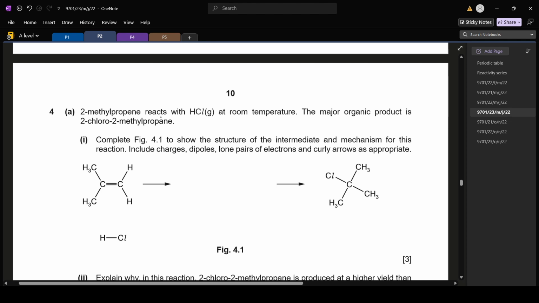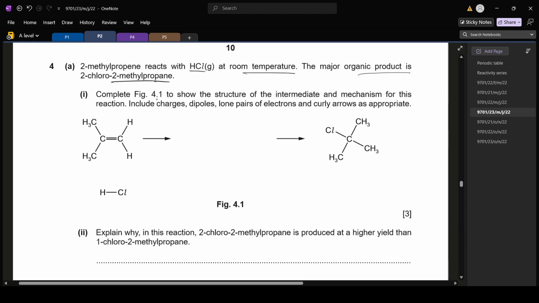2-methylpropene reacts with HCl at room temperature. The major product is 2-chloro-2-methylpropane. Complete table 4.1 to show the structure of the intermediate and the mechanism for this reaction. Include charges, dipoles, lone pairs of electrons, and curly arrows as appropriate.